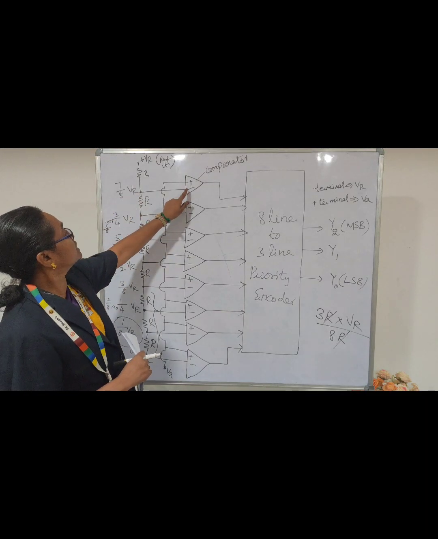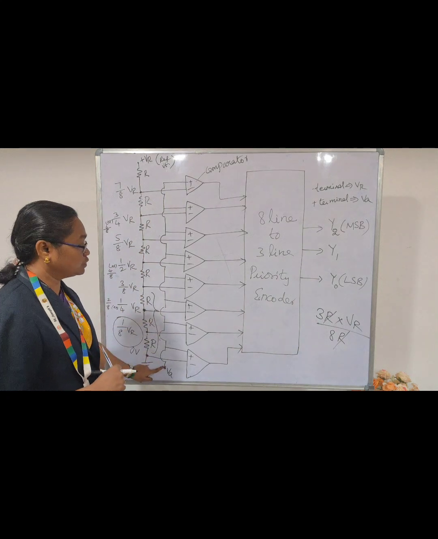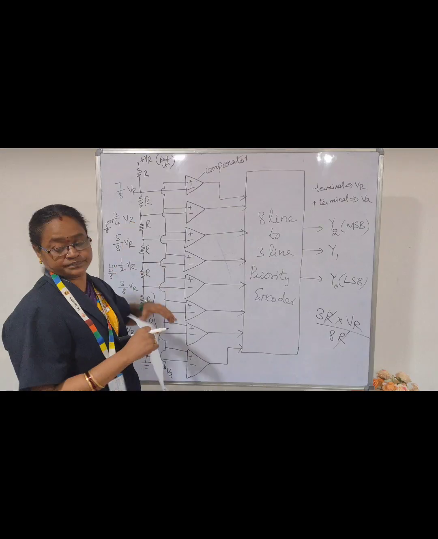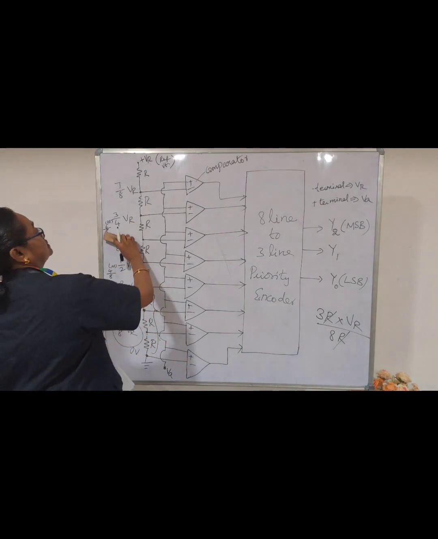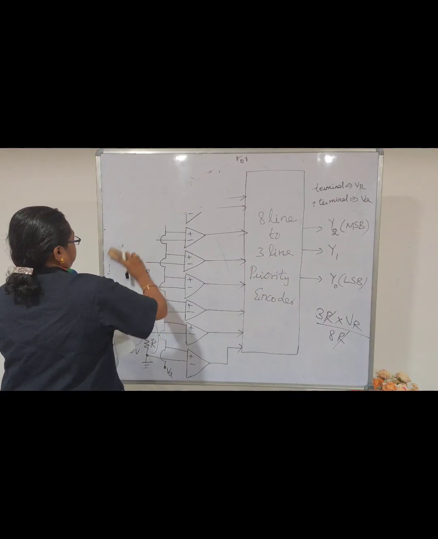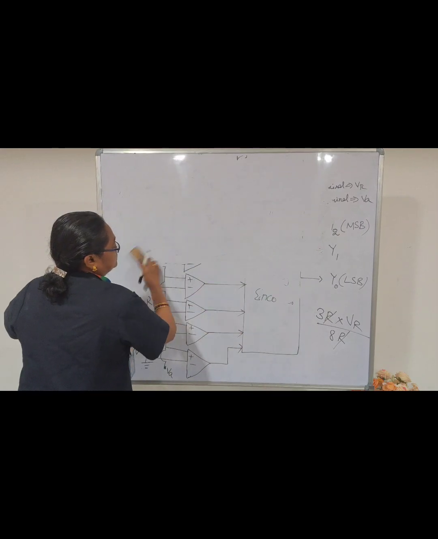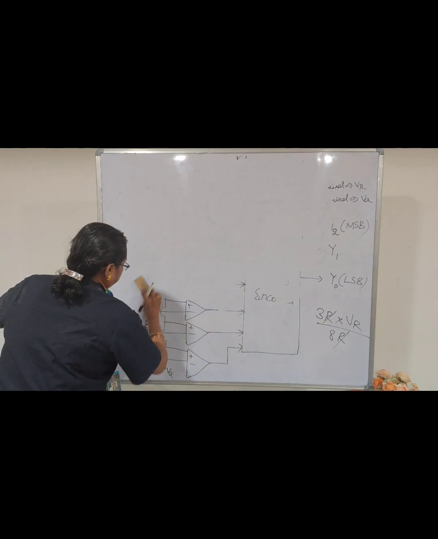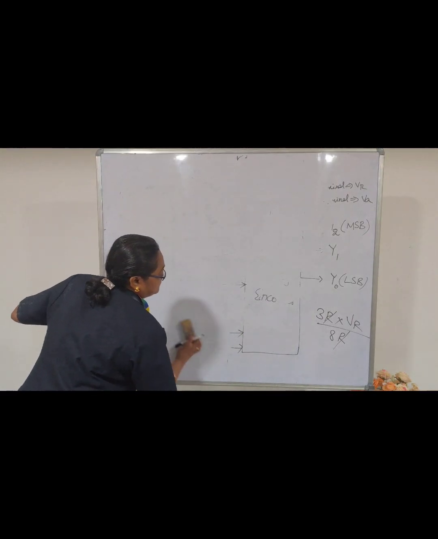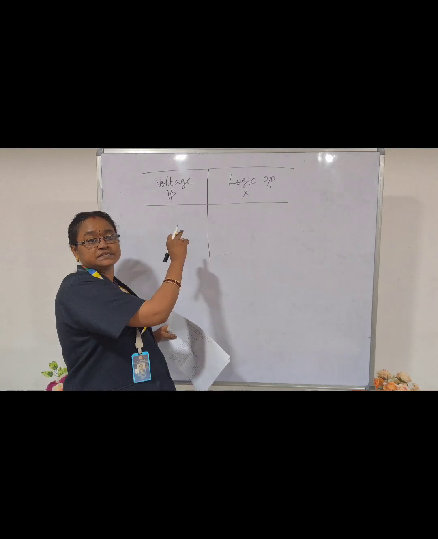At the negative terminal, this is your reference voltage and this is your analog voltage. Now this comparator compares this analog voltage with this reference voltage. See the calculation. Now the comparator compares the analog voltage with the reference voltage.